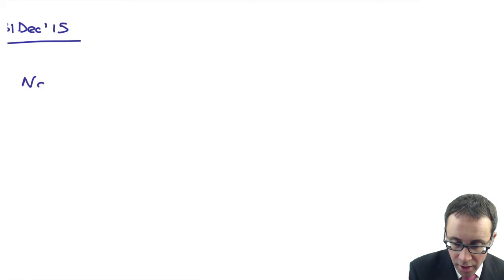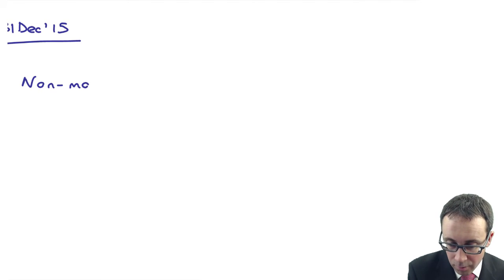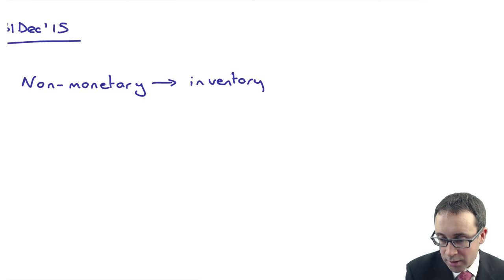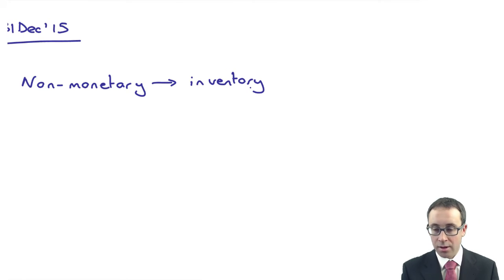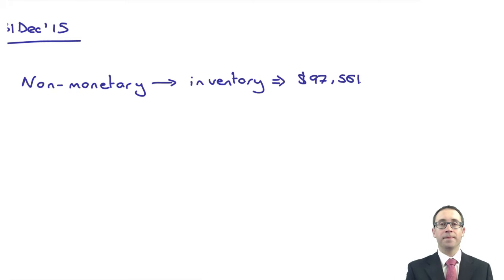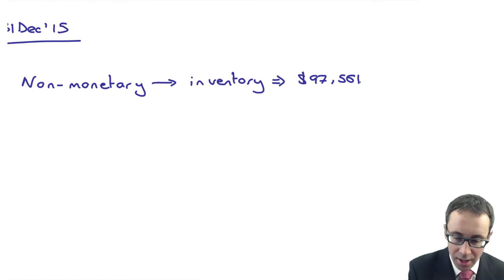So if we go through there and think about the non-monetary, then what you have there is that you have your inventory, don't we? So your inventory you will leave. You do not translate it. So your closing inventory is there at 97,561. Okay, that's your closing inventory at the end of the year. It's non-monetary, so you do not retranslate it.